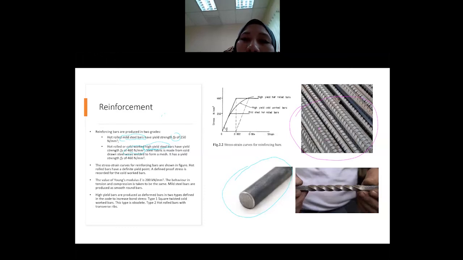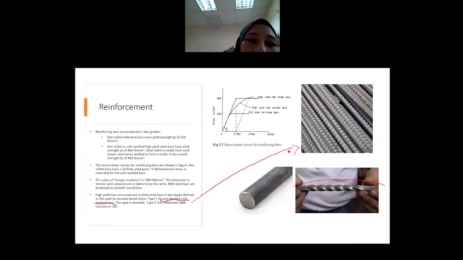So ini adalah high yield steel. Okay, this one is actually yang this one. Okay, square twisted cold work bar. Okay, so this one adalah this type. Okay, hot roll bar with transverse rib ni inilah.